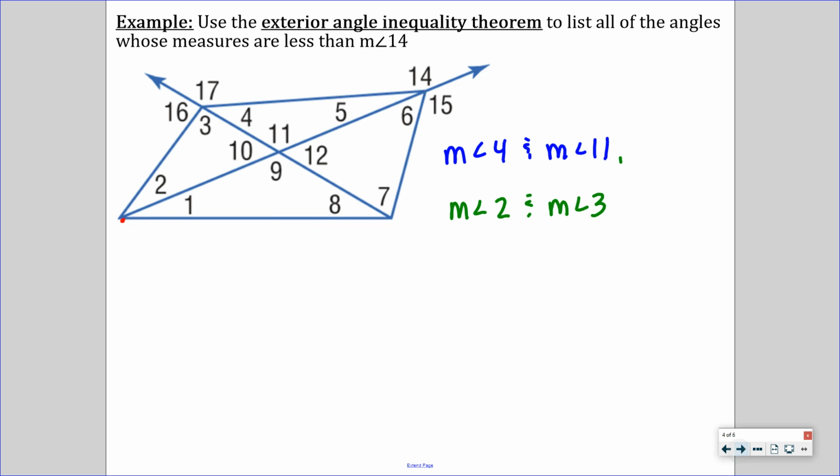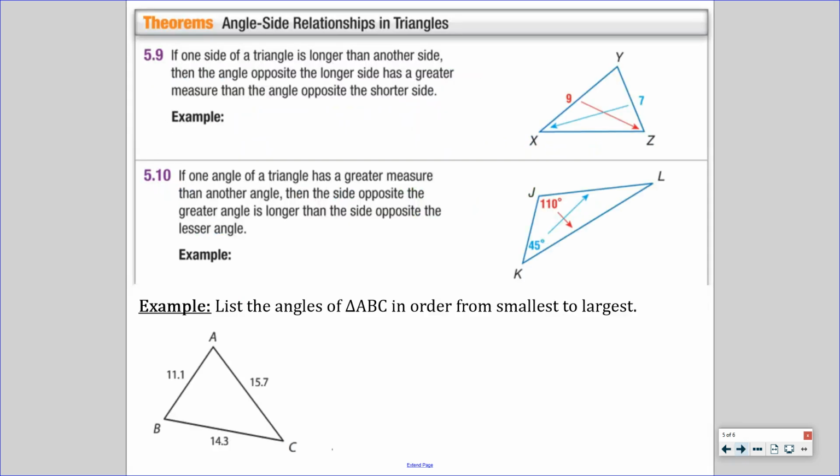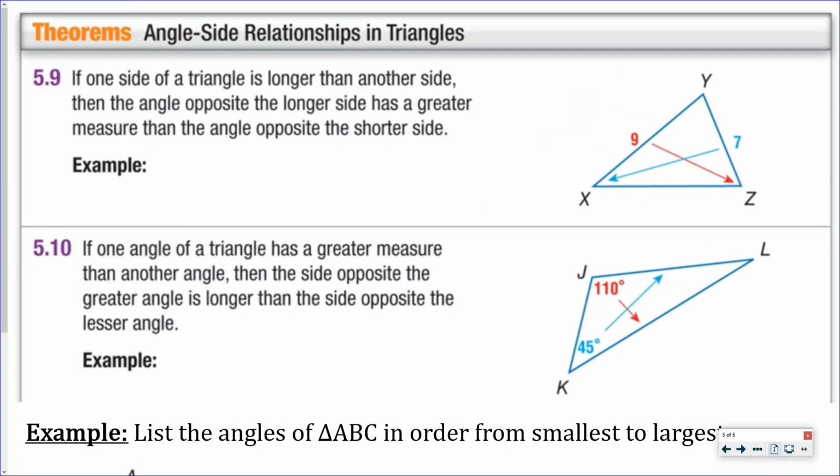Okay. The next theorem I think is even easier. It's kind of fun. And this one says if you know the length of the sides of the triangle, you can make some comparisons with the angles across from those sides. So if one side of a triangle is longer than the other side, then the angle that's across from the long side, like here, XY they're telling me is 9 units.